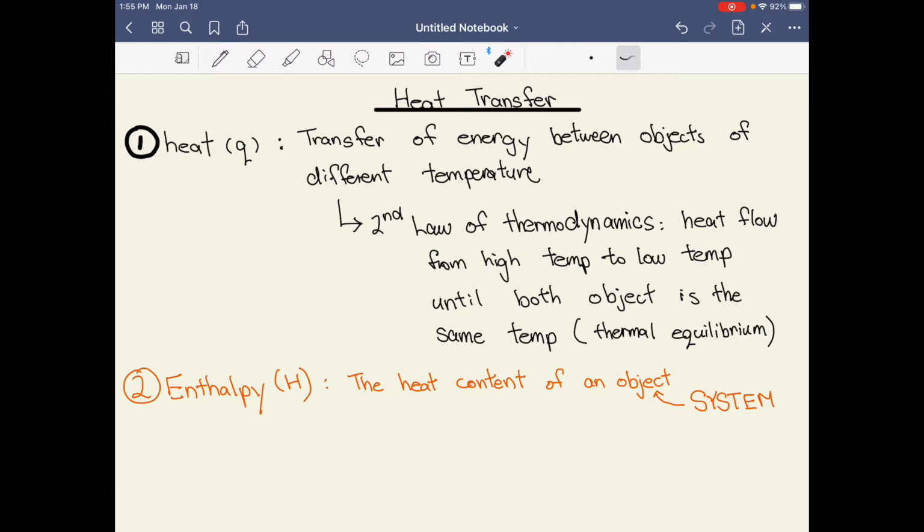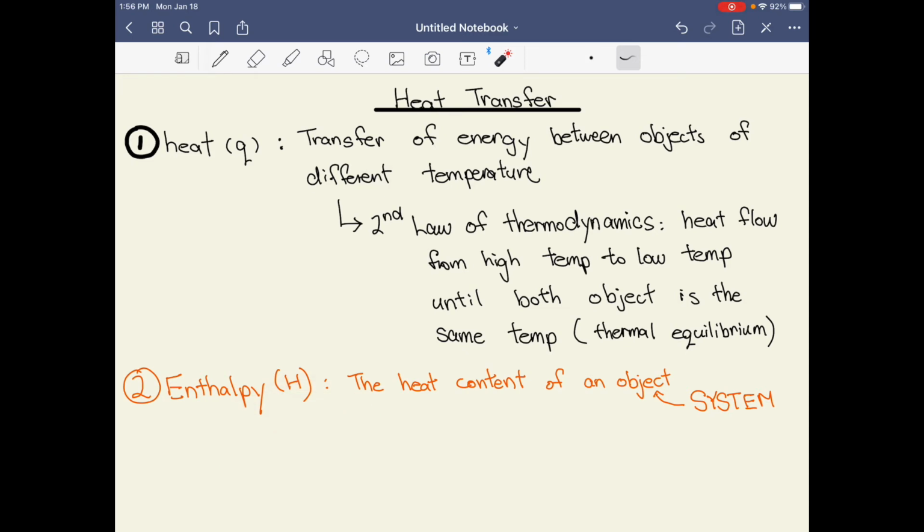Now I can tell you that right now, that's very, very hard to measure. That's very difficult to measure. So what are we doing with H? Well, we rarely use H. Very rarely will H be presented. What's usually presented is the change of heat content in a reaction from the reactant to the product.